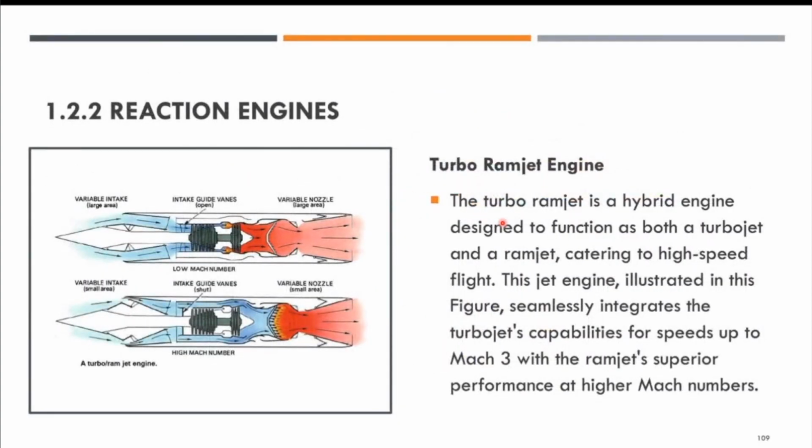The next one is the turbo ramjet engine. A turbo ramjet engine is a hybrid engine between turbojet and ramjet. It is a combination of both. The beauty of this type of engine is that it can operate at low Mach number, and it can also operate at very high Mach number by operating the ramjet type of engine.